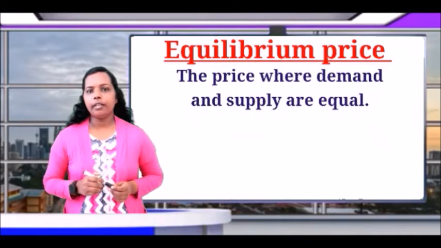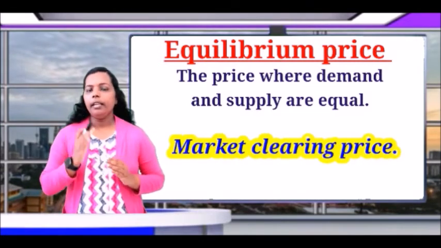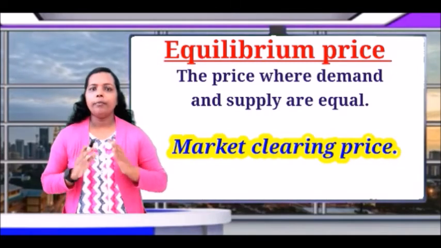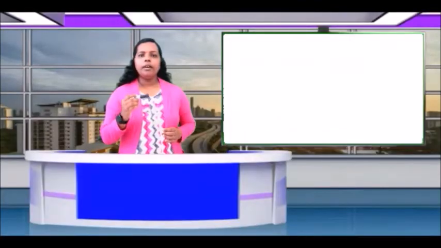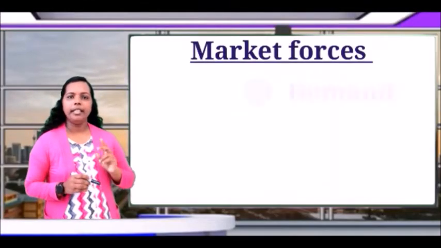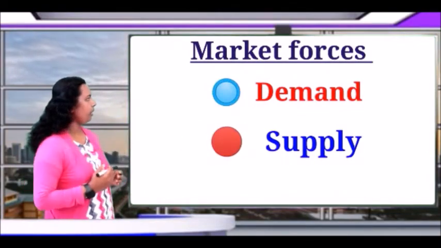It is also referred to as the market clearing price because at the equilibrium price, demand and supply are equal, so there is no shortage or surplus. Then, what is the simple meaning of the word equilibrium? The state at which opposing forces or influences are balanced. Here, the market forces, demand and supply, are balancing at the equilibrium point.